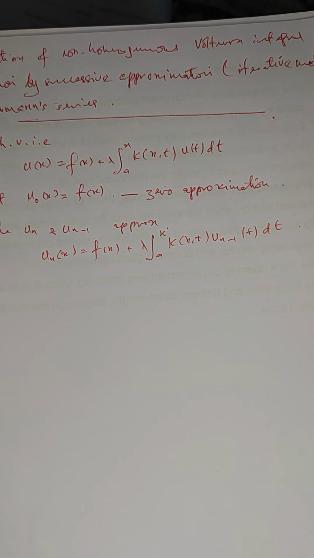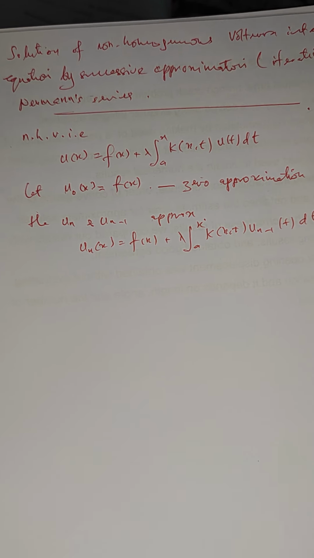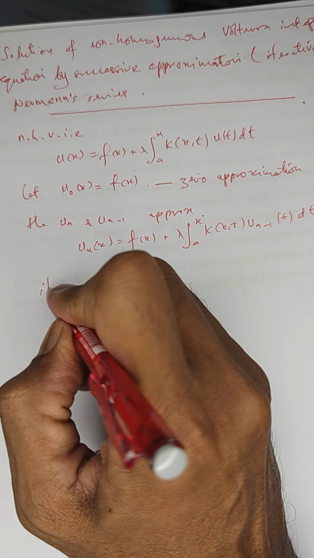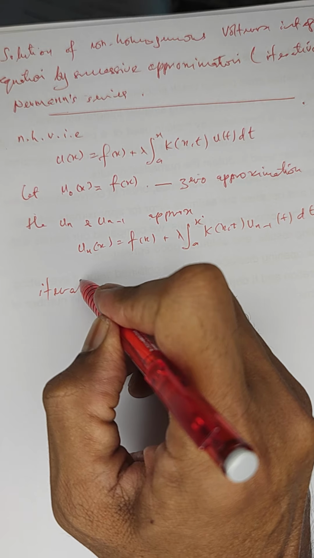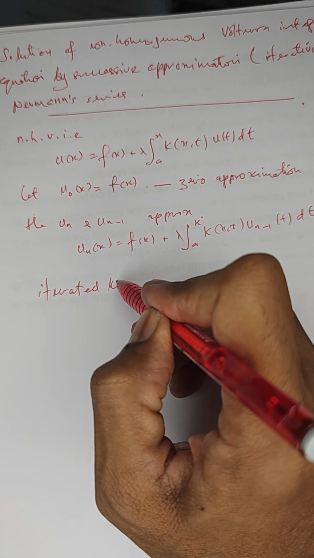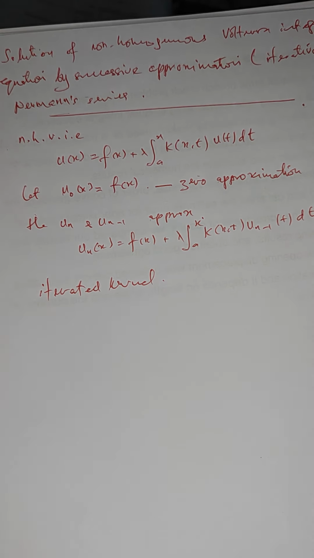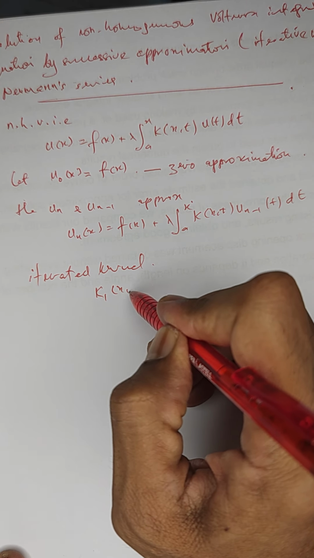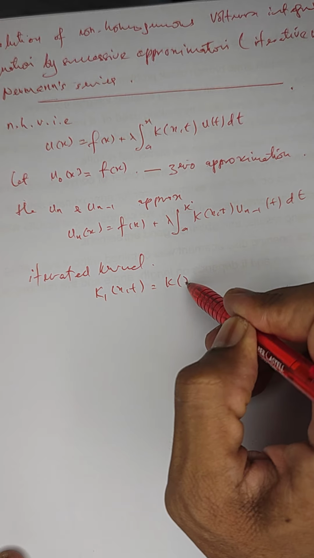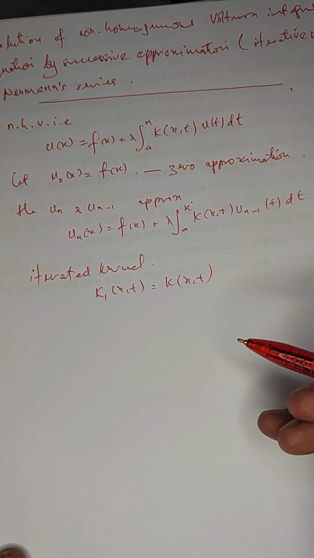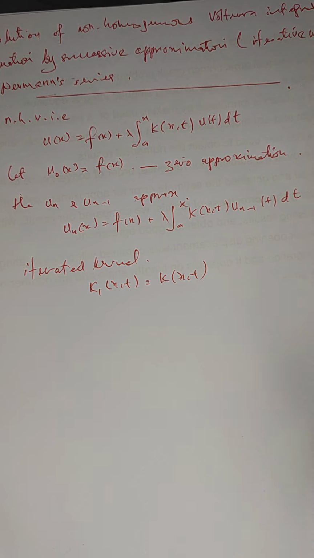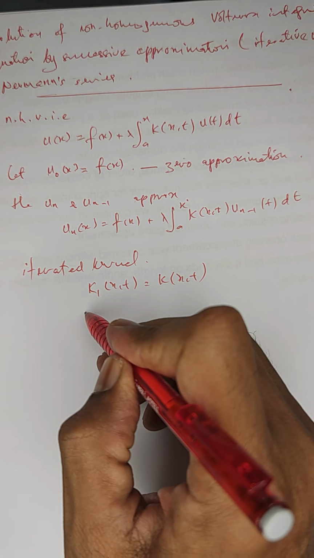And then from the iterated kernel, we have k1(x,t) is k(x,t). I've written this many times, I wrote it each time in lecture so that we can refer to those things.